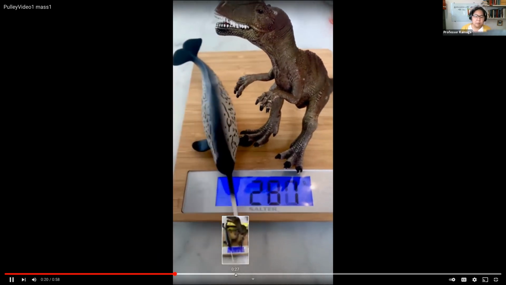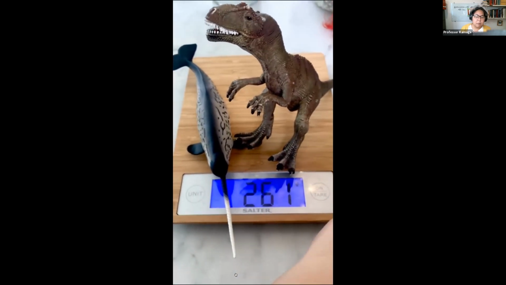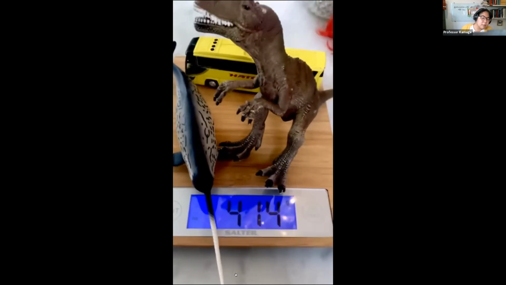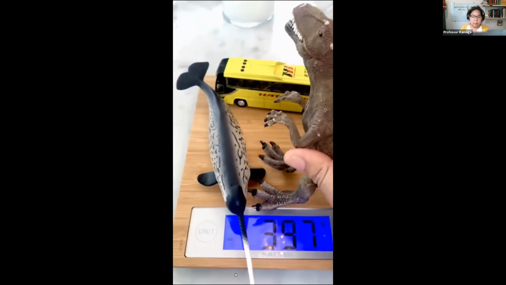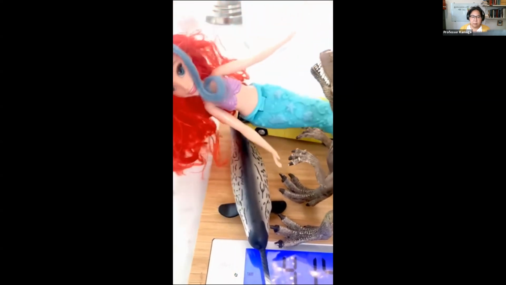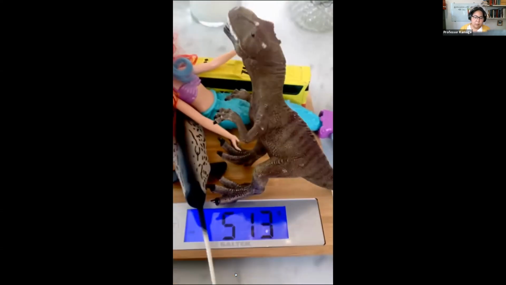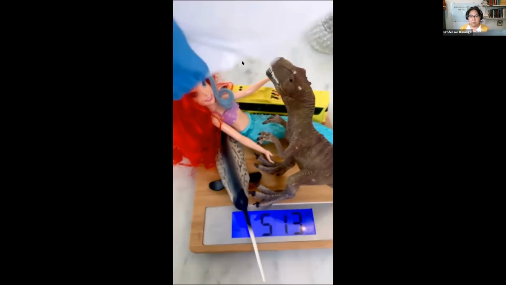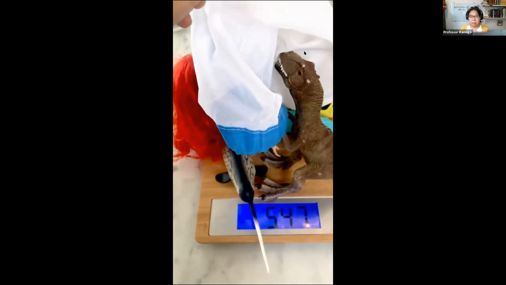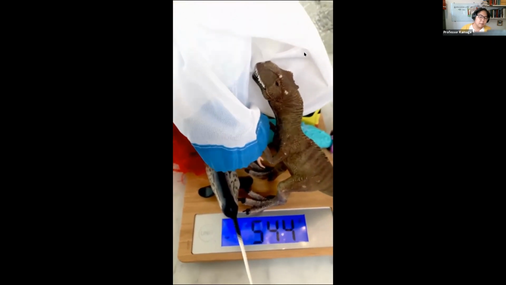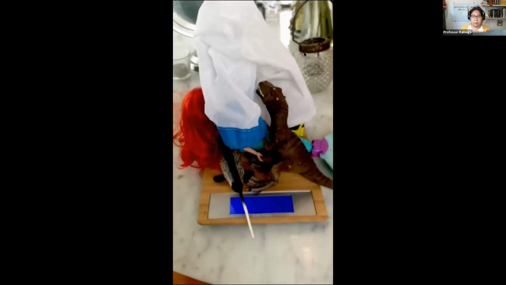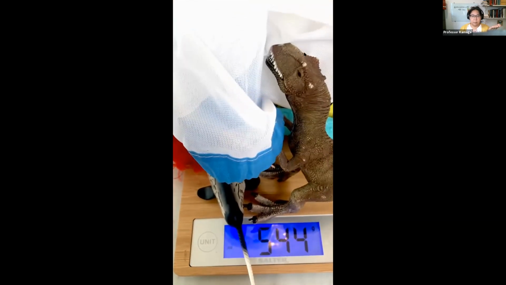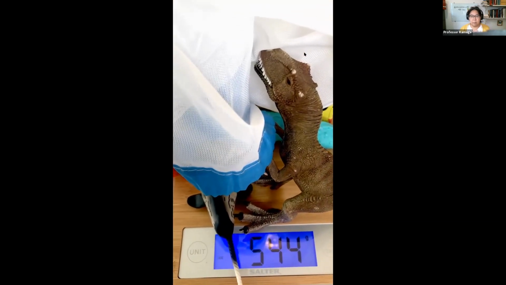I'm going to put the narwhal, 261. I'm going to put this bus, that's 414. Why don't I put an Ariel in the group? So that's about 513 gram, and I'm going to put a bag here to put it in. That all together makes it 544 gram.